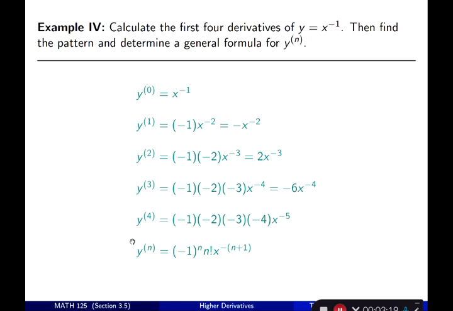It's negative n, the nth derivative minus 1, and so it becomes negative 1 to the power n, for there are n many minuses multiplying together, and n factorial for the absolute value of these negative numbers that are multiplying together, and x to the power negative n minus 1 because of the exponent.